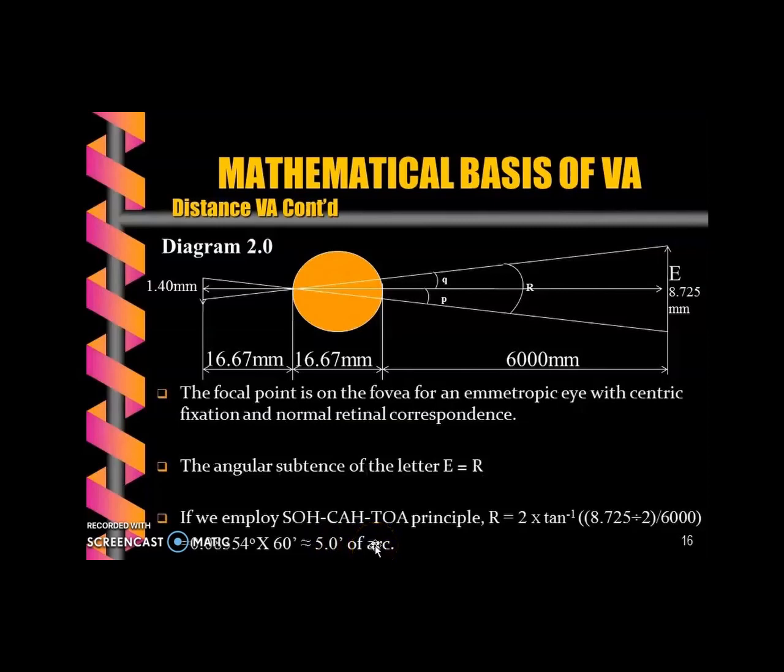This is how we arrived at the angular subtense at the macular plane. This is the angular subtense at which the 8.725 will subtend 5 minutes of arc at the macular plane.